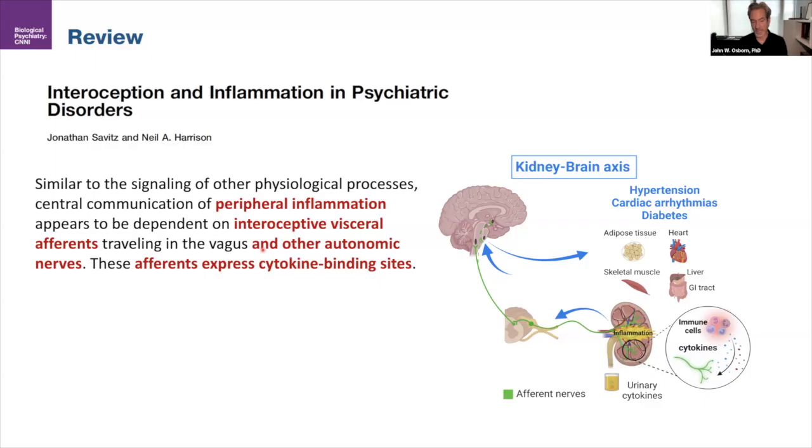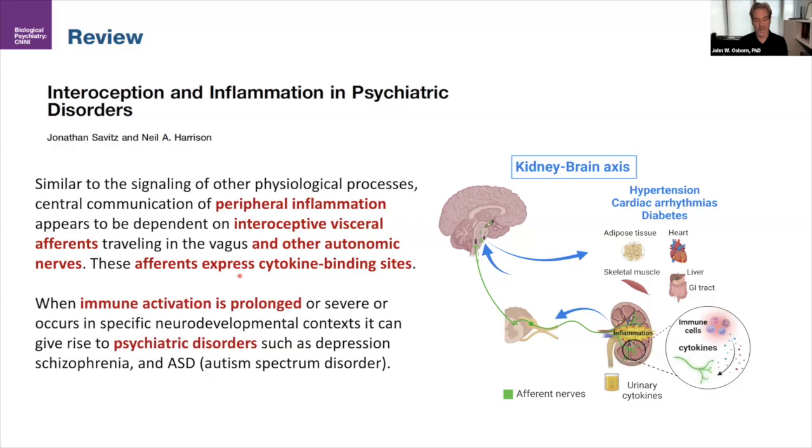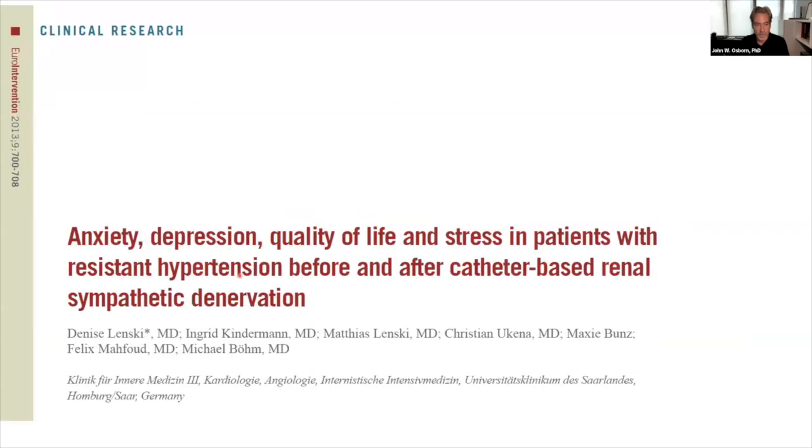So for example, the ones I'm talking about from the kidney. These afferents express cytokine binding sites, which has been shown. So the concept then is when you have prolonged inflammation and immune activation, this can lead to psychiatric disorders, depression, PTSD, autism, those kinds of things. So this is now connecting up even further up from autonomic pathways up into behavioral pathways.